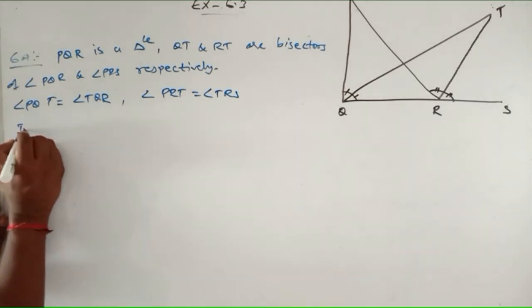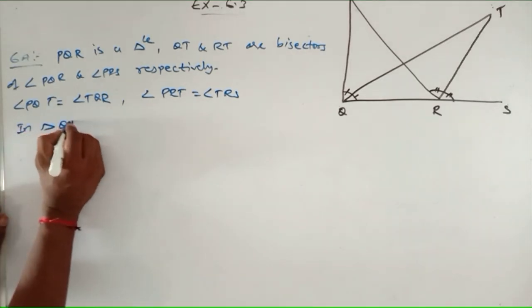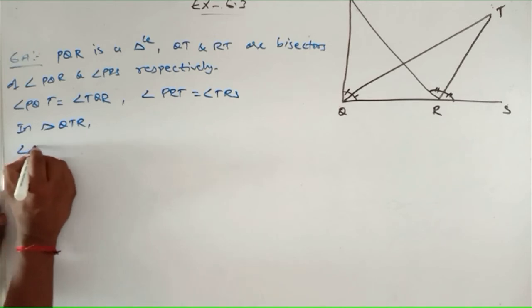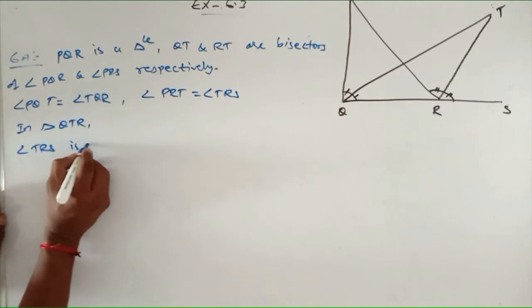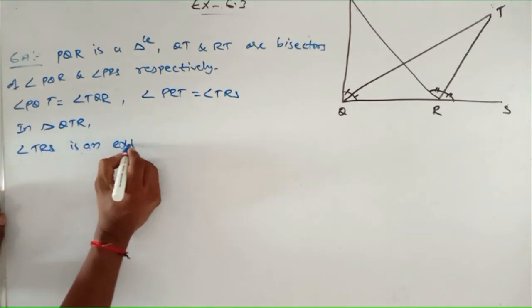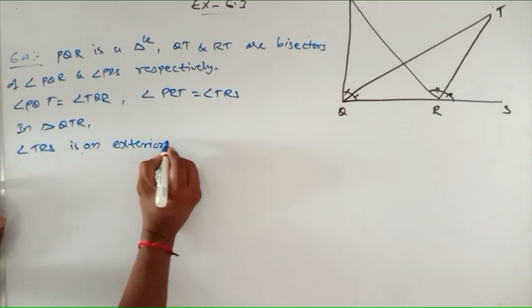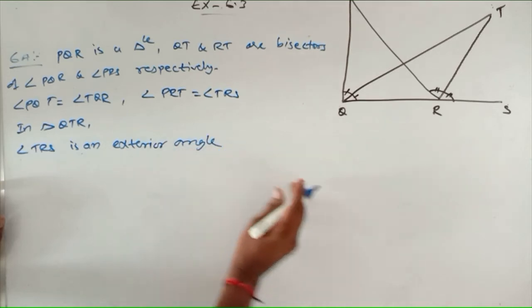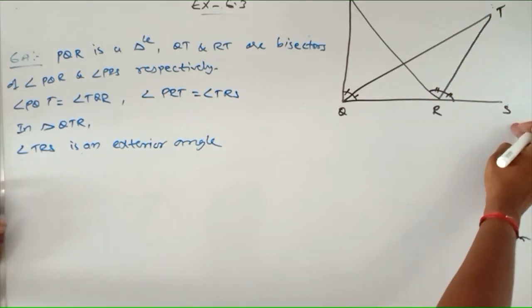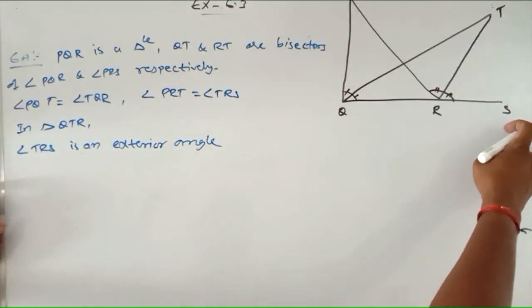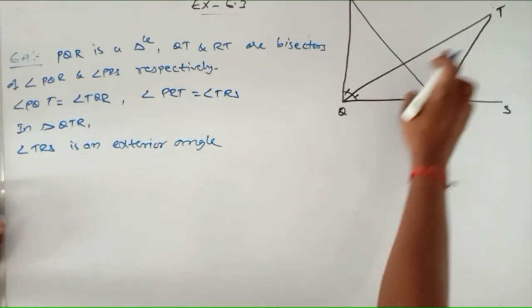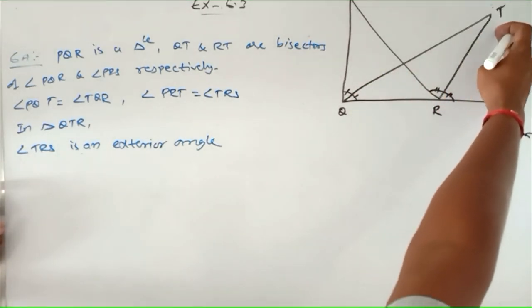So in triangle QTR, angle TRS is an exterior angle to this triangle.